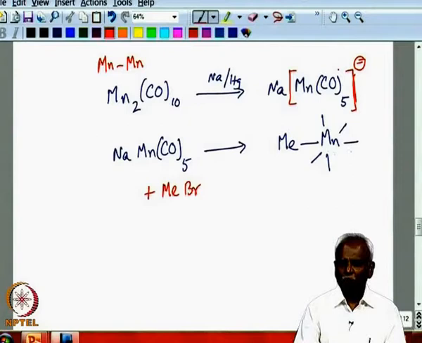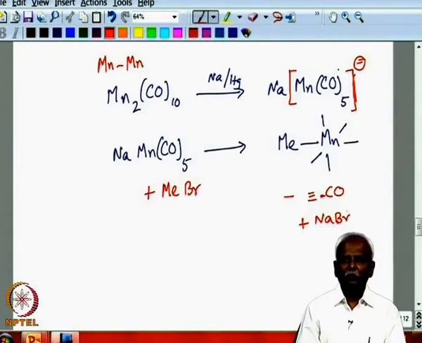Each one of these lines is equivalent to a carbon monoxide attached to the metal, and we have a methyl manganese bond being formed, and you also have sodium bromide eliminated.